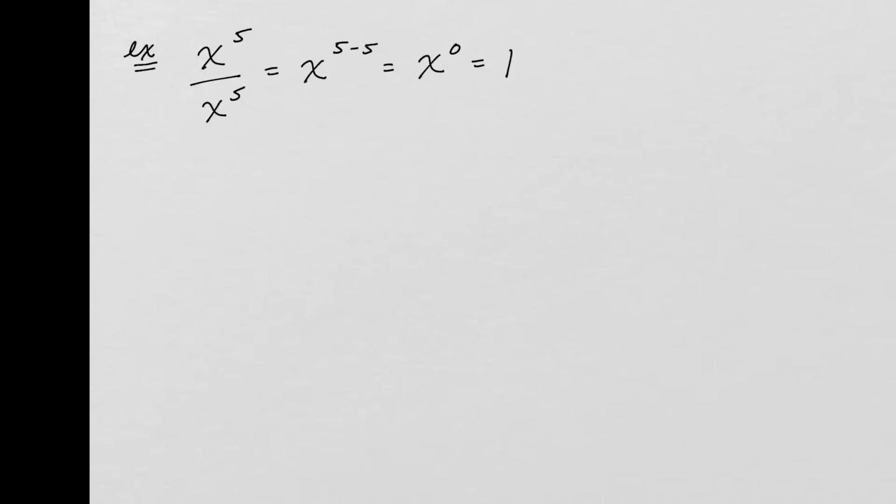That's equal to 1. And actually, this makes sense, because if I had x to the 5th over itself, couldn't I just cancel these and say that's equal to 1? It's a factor of 1. Anything over itself is equal to 1. So that's why anything raised to the 0 power has to give you 1, because it has to fit logically.